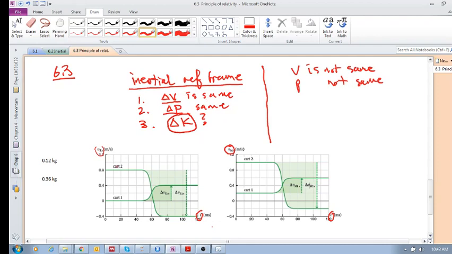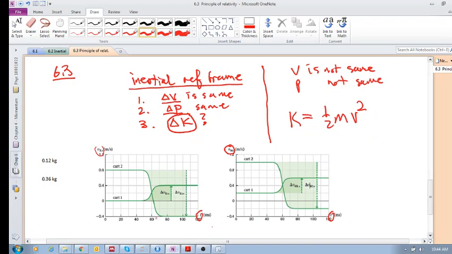Because in a sense we're just looking at the values of the velocities. If this curve has just been shifted from this curve, then those differences are going to remain the same. But what is the equation for kinetic energy? K is half mv squared. So notice that little 2 there. That little 2 changes things for us.